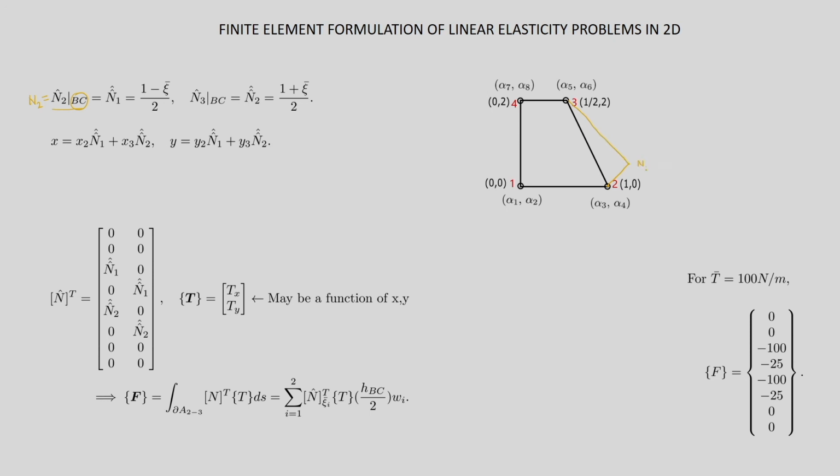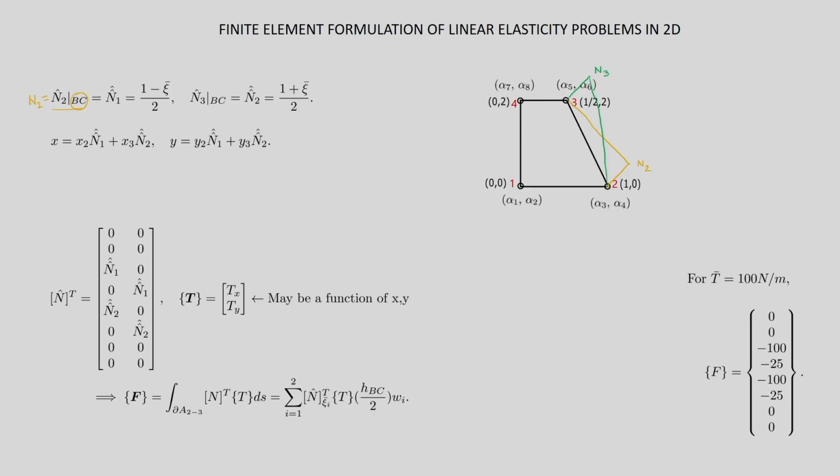This is the definition of n2. Similarly, if I draw n3, n3 is 1 at node 3 and linearly varies to 0 along the edge. I have drawn this only along the edge BC, not over the whole domain. It is also linearly varying along x as well. So along this edge, this is how n2 and n3 vary.